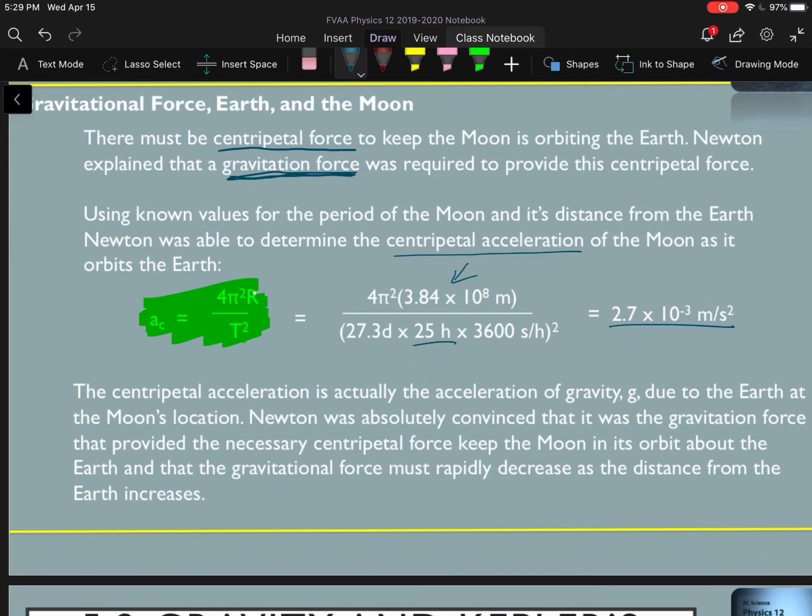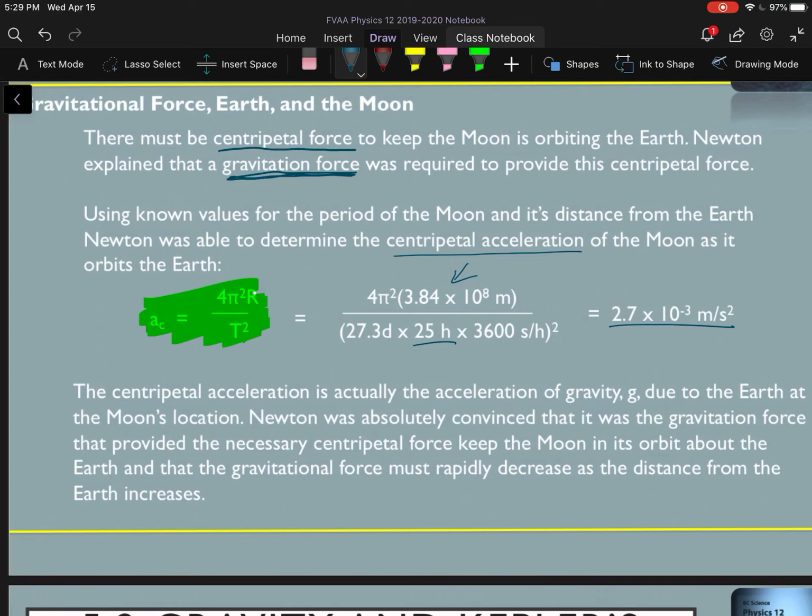Now, you say to yourself, well, that's not g. The Earth pulls things with an acceleration of g. Well, that's only at the Earth's surface, okay? We also know that the gravitational pull of two objects that are further away is less than two objects that are close together.